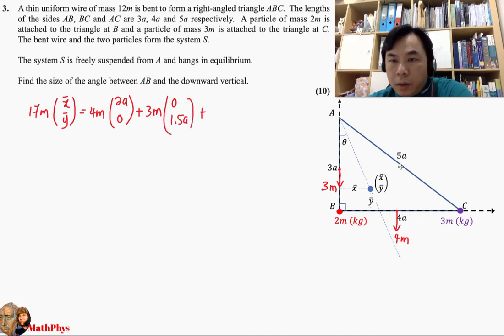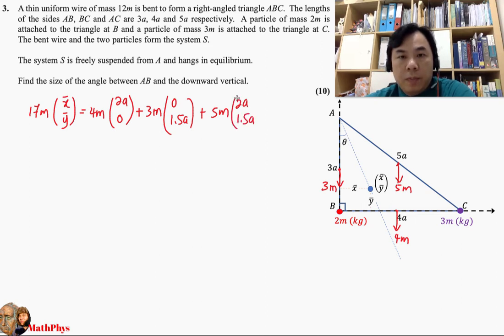And then next I'm going to work this out. It has a mass of 5m. So there's 5m, which is located at about 2a and 1.5a here.